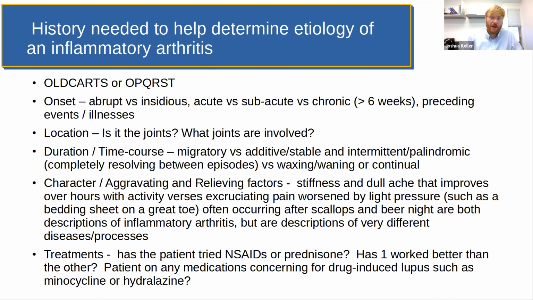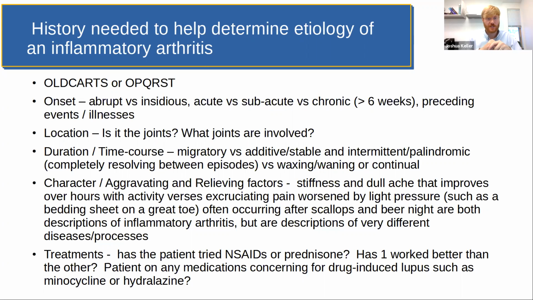And then the character. This is kind of just a natural thing that I'm sure we all ask, but it's important to really get the specifics from the patient, whether it's a dull, achy stiffness versus red, hot, so tender you can't put a sheet on it. I'll often just put whatever I'm able to figure out about how tender it is or how stiff it is in the note.